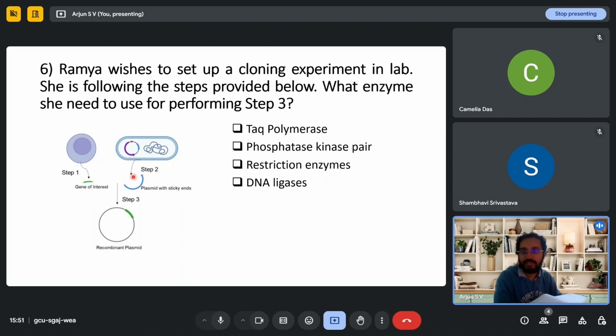They're taking the plasmid out and cutting it so the plasmid has sticky ends. Then the plasmid's sticky ends incorporate this gene of interest to form the recombinant plasmid. So the question is what enzyme is being used? And I already explained in the recap that we join the sticky ends together by an enzyme called DNA ligase. So that's the correct answer.